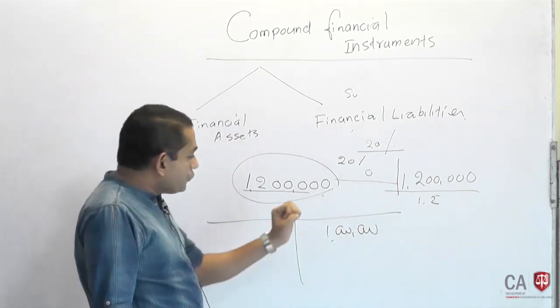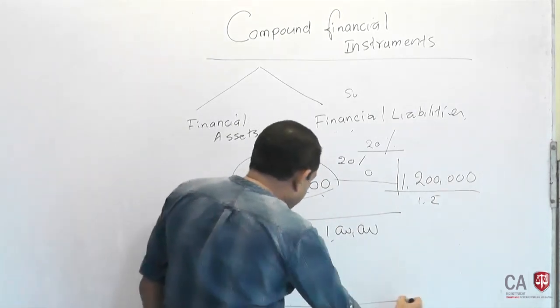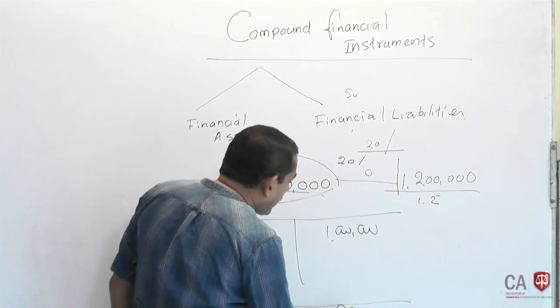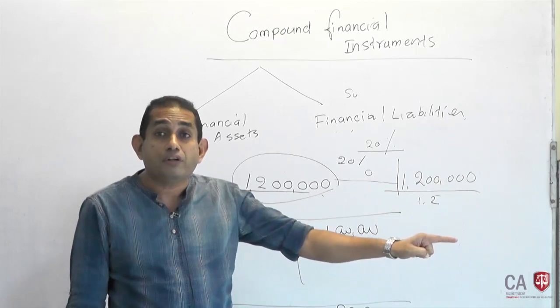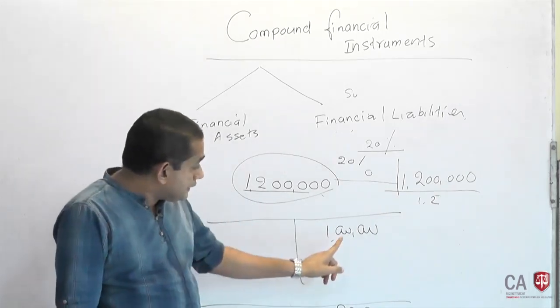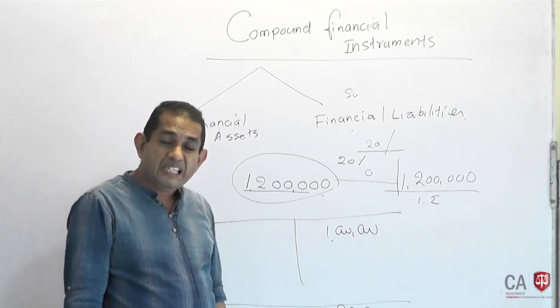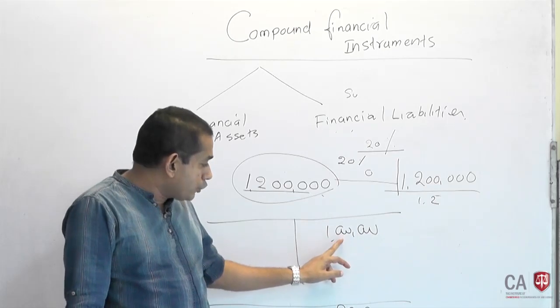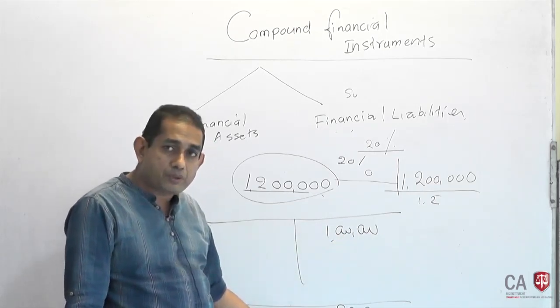Then, you credit 1 million, which is the fair value, to loan payable. The balance 200,000 is what? It is like the amount given by the future prospective shareholder. This is taken to liability, this is taken to equity. This is like the loan given by the lender, this is like the capital given by the future prospective shareholder.